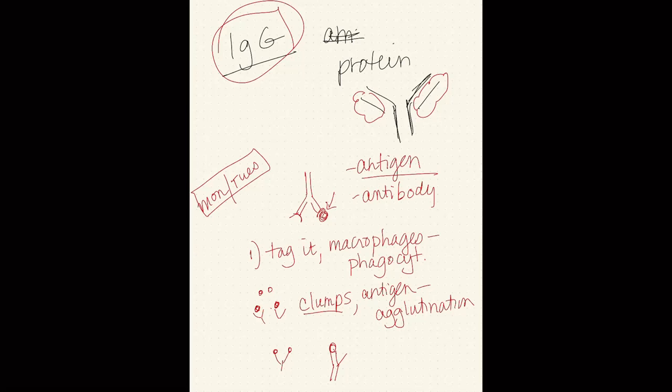Yep. And the clumps can be digested. And the same with neutralization. Yep, neutralization means it just makes it inactive so that it can't cause an infection. Oh, that was helpful. Thank you. I appreciate your time. That's no big deal.